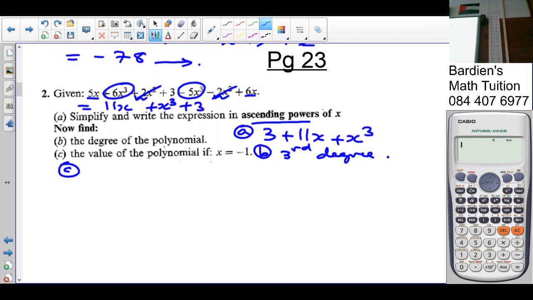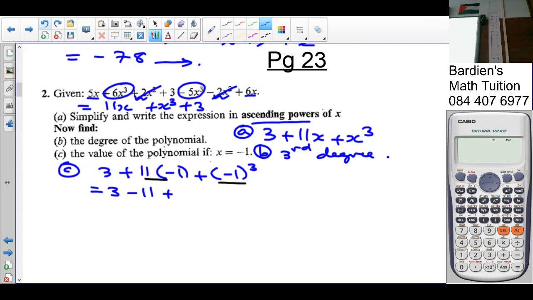So the polynomial, if x is equal to negative 1, so wherever I see an x, I put a negative 1. You will understand that? So it will be 3 plus 11 into negative 1 plus negative 1 cubed. So what I'm going to do is I'm going to simplify this. So it's going to be 3. What's 11 times negative 1? Negative 11.